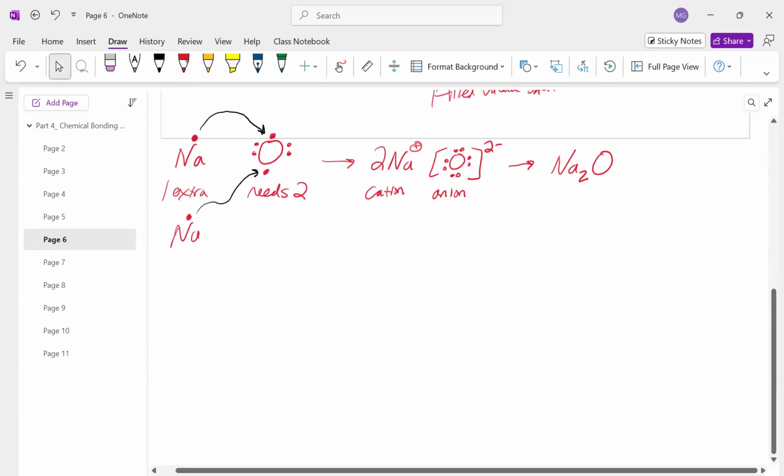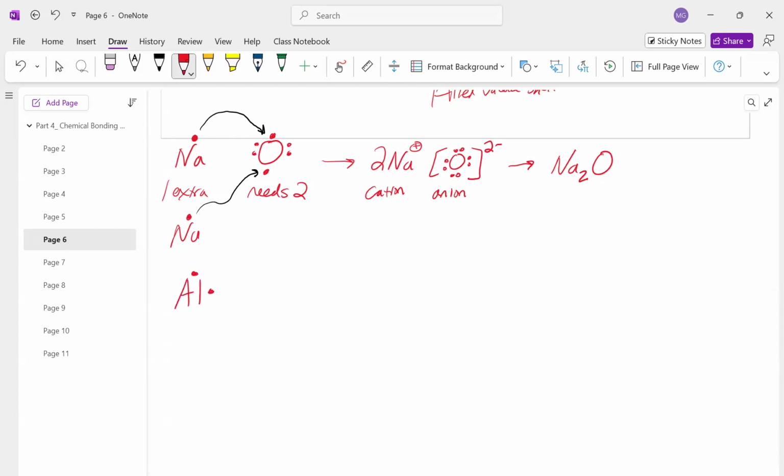Okay, well, let's do another example. Let's look at aluminum. Aluminum's got three valence electrons, and have it combine with oxygen.